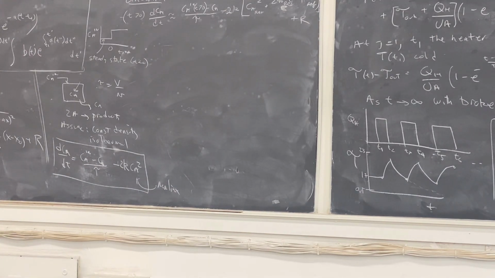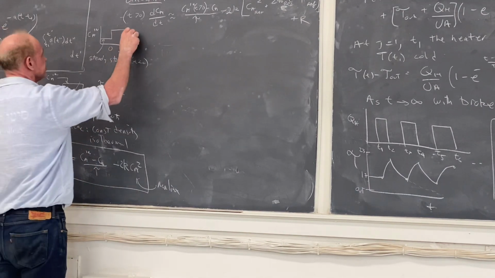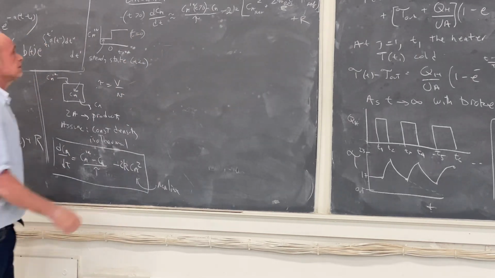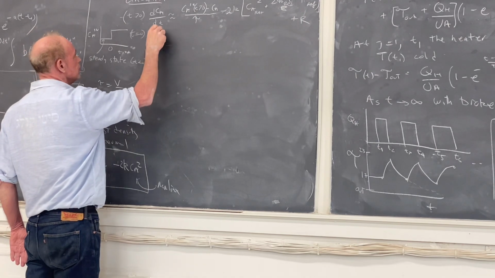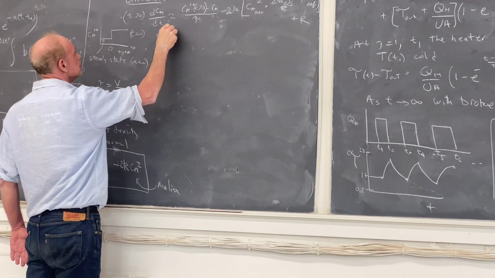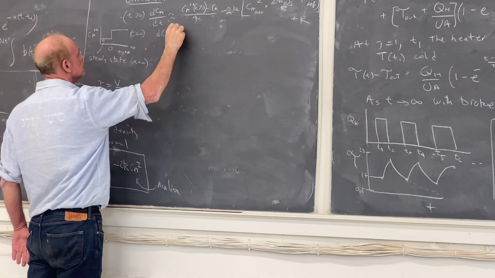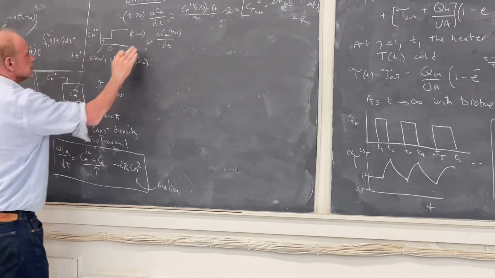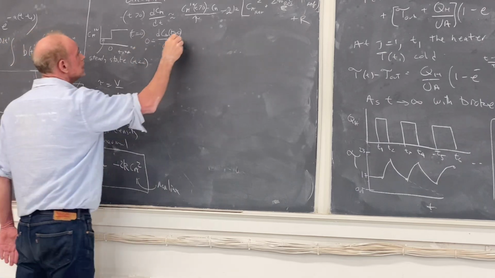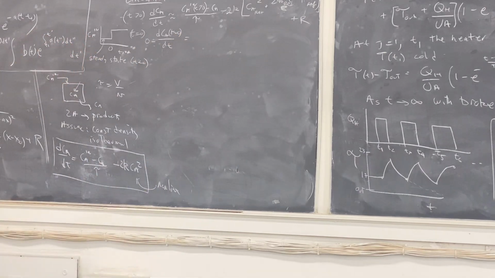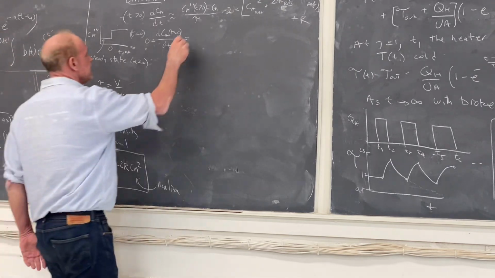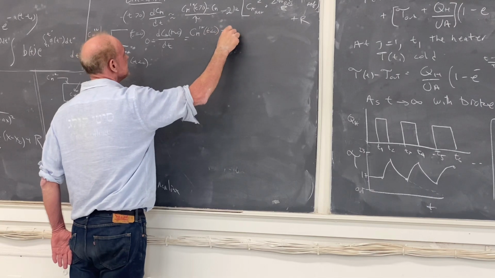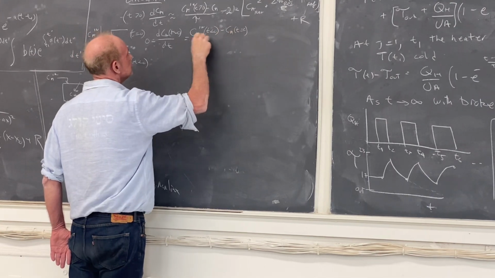Now, just for fun, I also want to write out what happened at t equals 0. At t equals 0, the system was at steady state. So dCA/dt at t equals 0 was equal to 0 because it was steady state. And that's equal to CA in for t less than 0 minus CA at t equals 0, divided by tau.